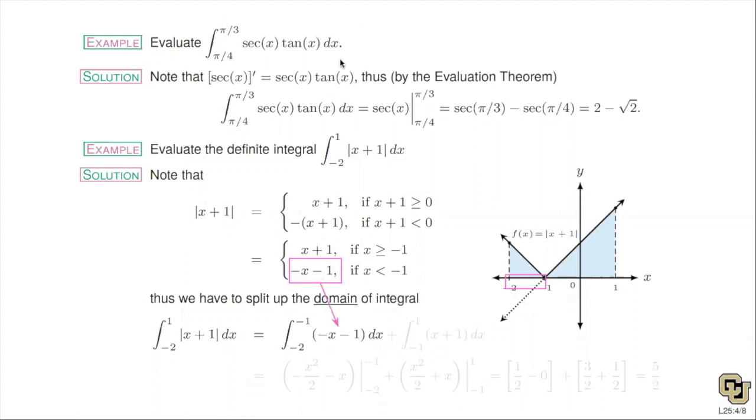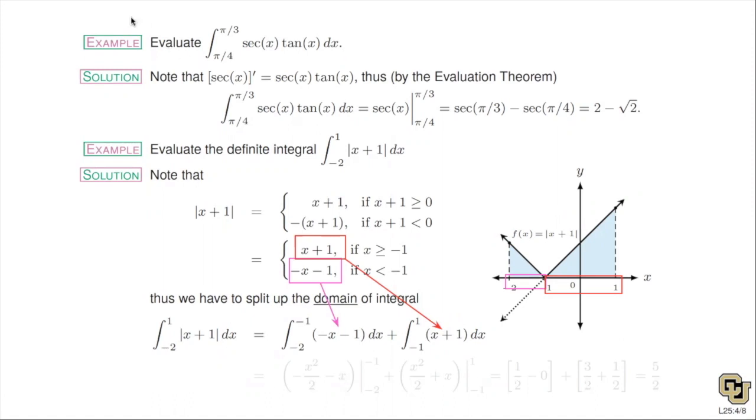And then I'm going to integrate from -1 to 1. And from -1 to 1, the function looks like this, x plus 1. So here, integrate -1 to 1, replace the absolute value with its definition when x is greater than -1. And when x is greater than -1, the absolute value of x plus 1 just looks like x plus 1.